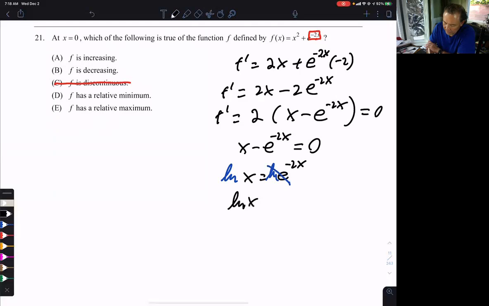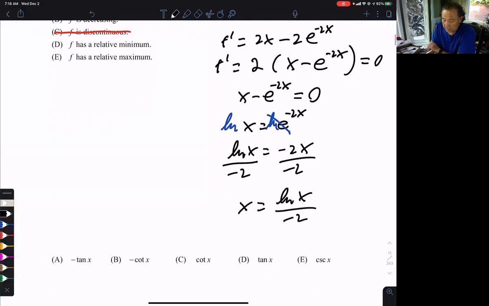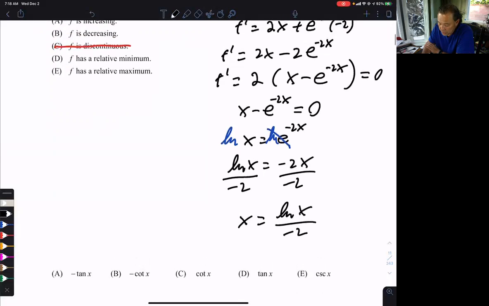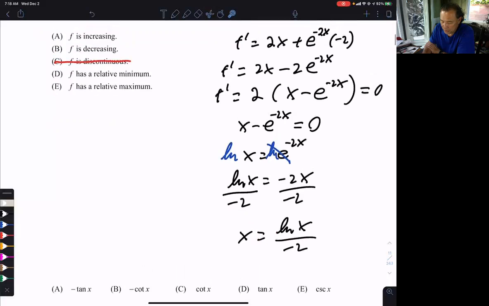So I'm going to get ln of x equals negative 2x. Divide both sides by negative 2. So I'm going to have x equal ln of x over negative 2. So here's the problem. I'm trying to solve for x, and I have an x on both sides of the equation. So we're going to have to use some logic here to figure out what's going on.